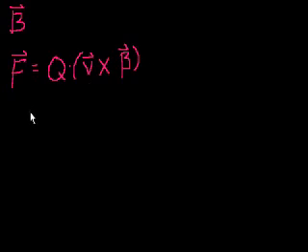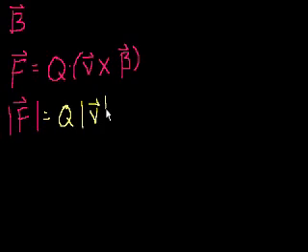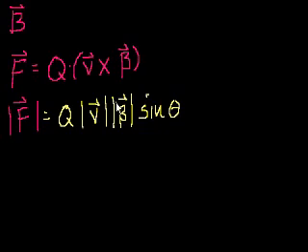So let's say, what's the magnitude of the force? The magnitude of the force is equal to the magnitude of the charge, which is just a scalar quantity, times the magnitude of the velocity, times the magnitude of the field, times the sine of the angle between them.